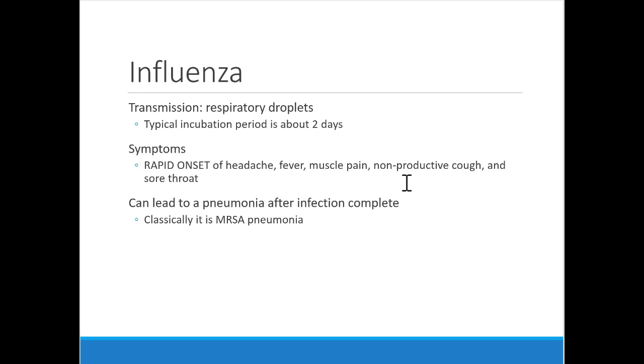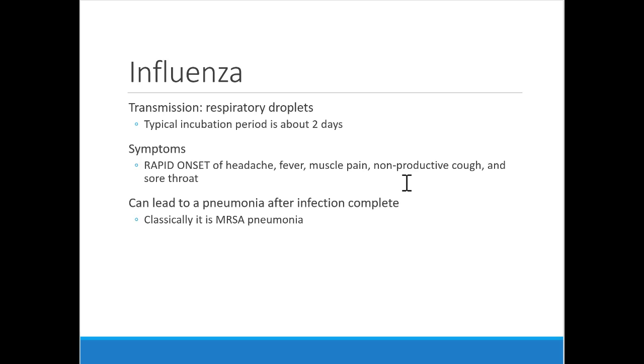One of the problems is that influenza itself usually doesn't kill people. It's things that come with it. Oftentimes the respiratory tract gets irritated, there's a lot of inflammation going on, and that can leave the immune system kind of out of whack. You can end up with a comorbid bacterial pneumonia, and a lot of times what we'll see is MRSA pneumonia or Streptococcus pneumoniae.